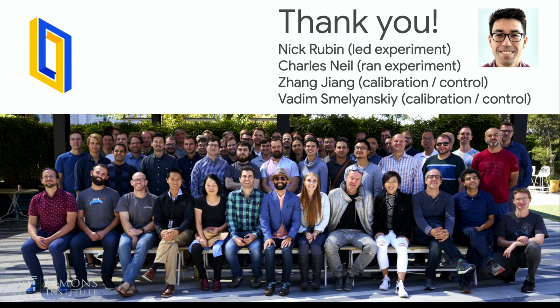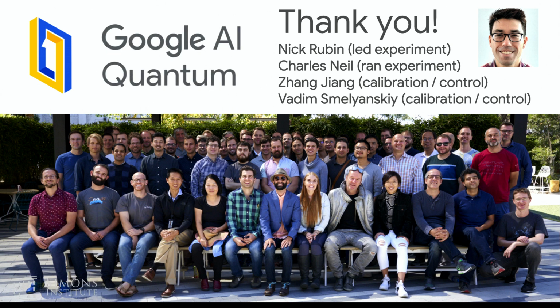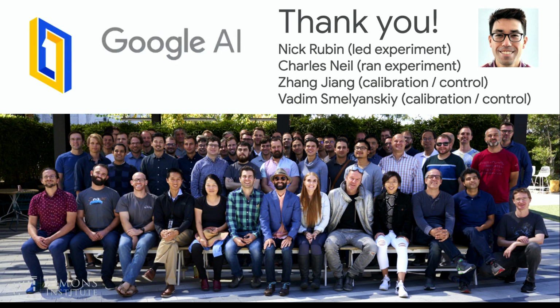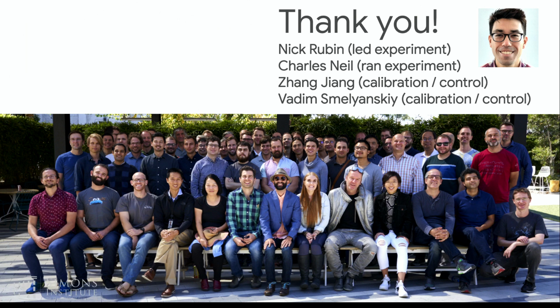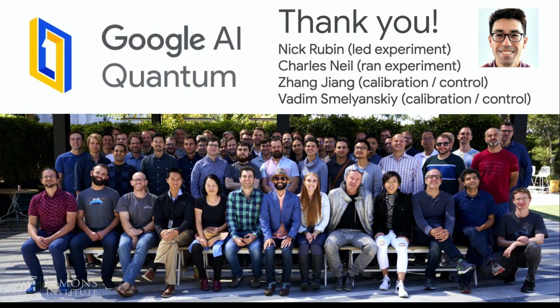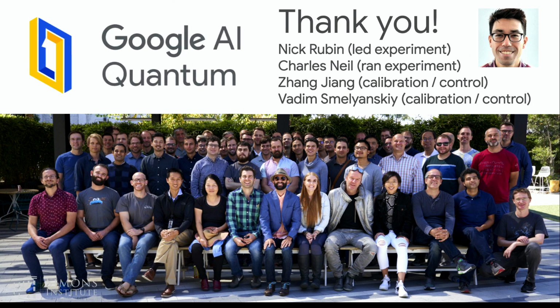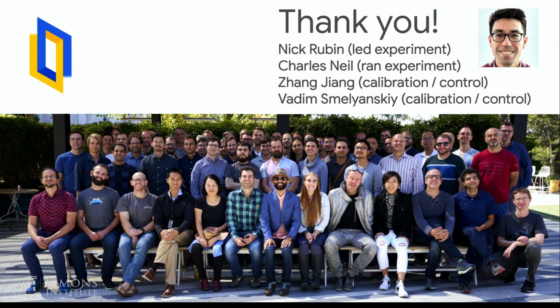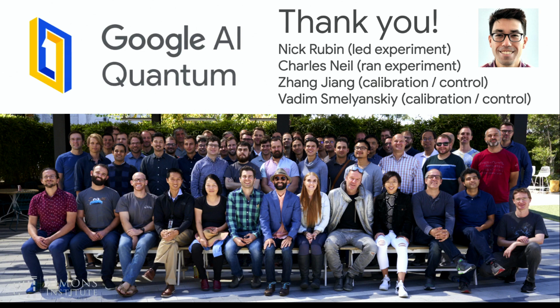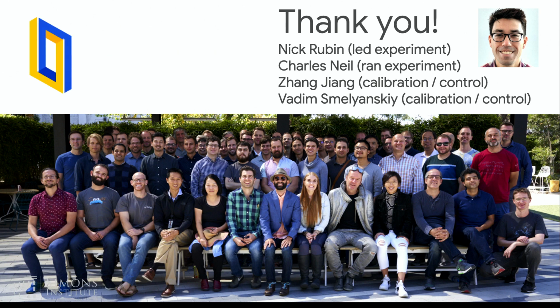So with that, I want to thank, first of all, the whole Google team. This is a new chip that we accessed largely through a cloud interface, and that took an enormous team effort to support. But I also especially want to thank Nick Rubin, whose picture is up there on the right. Nick actually designed and led much of this experiment.